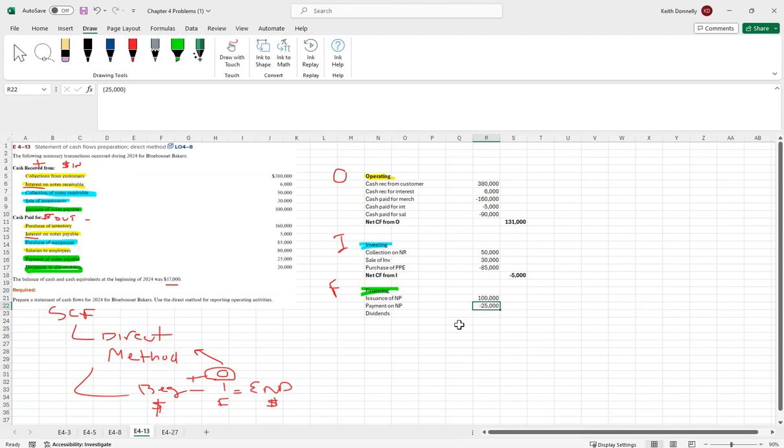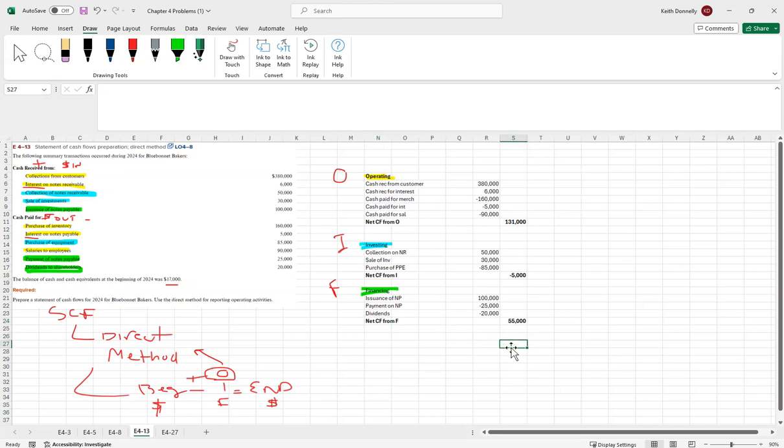We paid on it, 25 grand, that's going to be an outflow. We paid a dividend, that's an outflow. We sum these guys, we're looking at 55 grand for our net cash flows from financing.